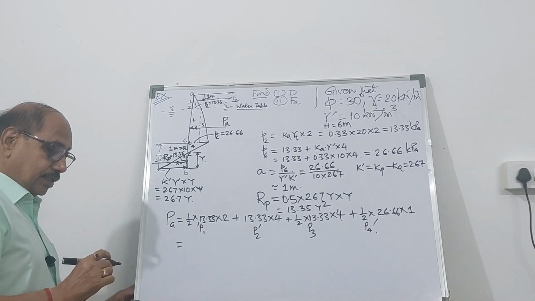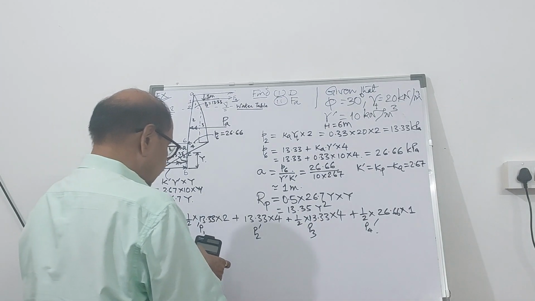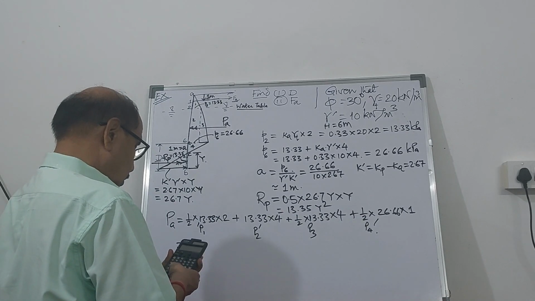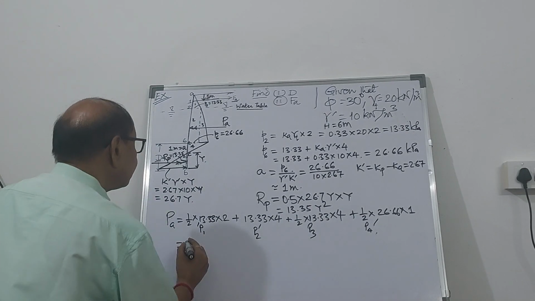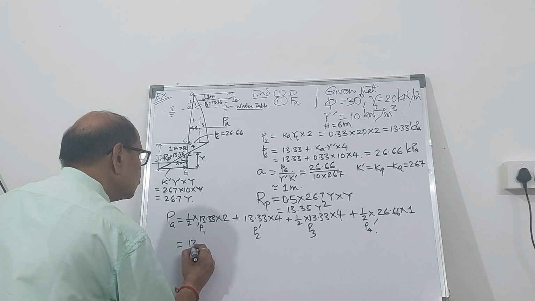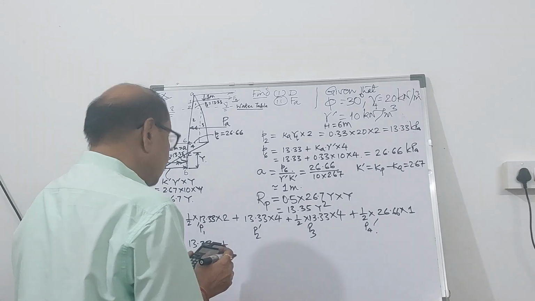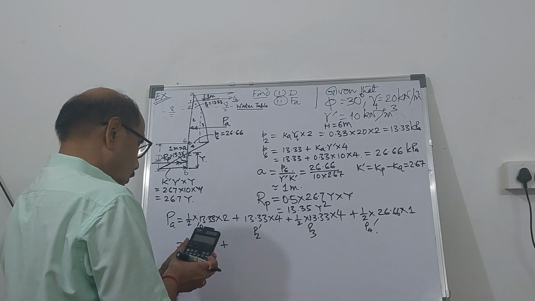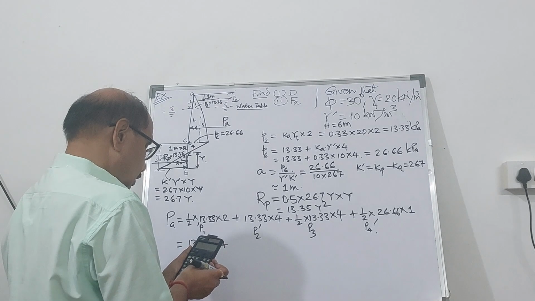So let's calculate the value of PA. So we can calculate. This becomes 13.33 plus P2 becomes 13.33 into 4.